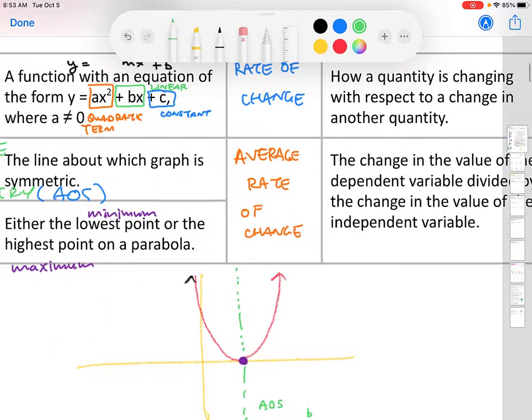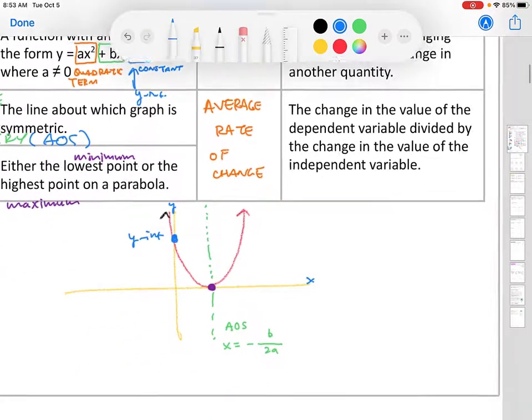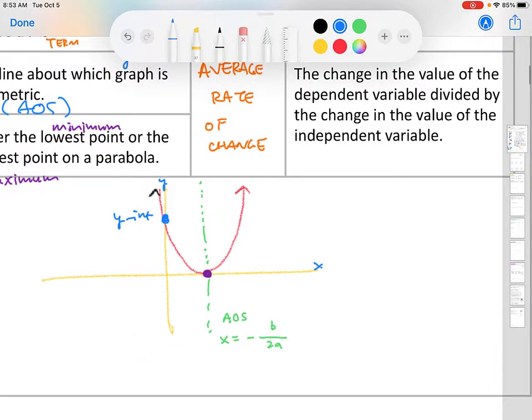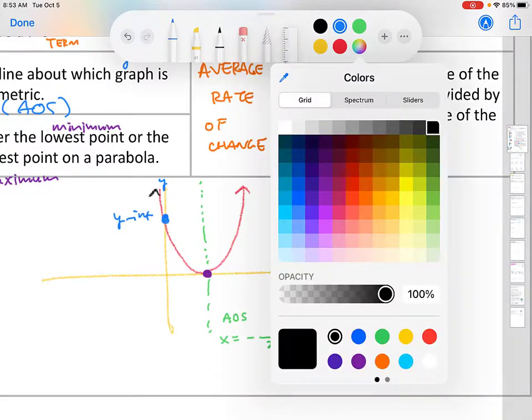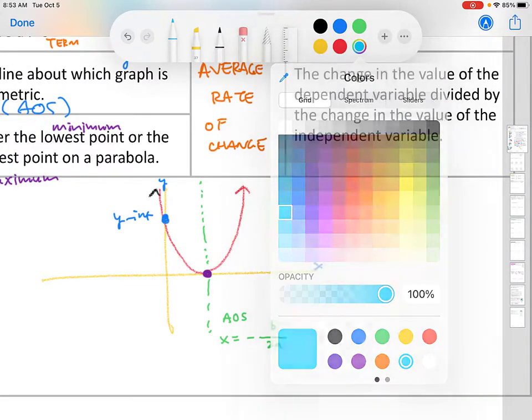What color do we use for the y-intercept? Okay, so the c value, which we talked about here in blue, is also your y-intercept. So that is here, y-intercept. It's where it crosses the y-axis, right? That's the x. And one last thing that I want to point out, which is kind of cool.